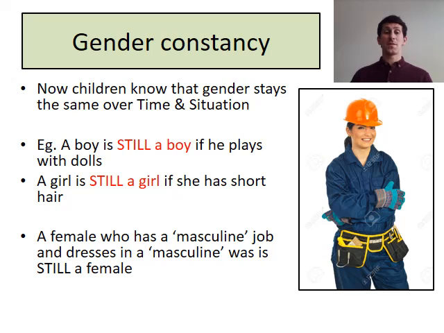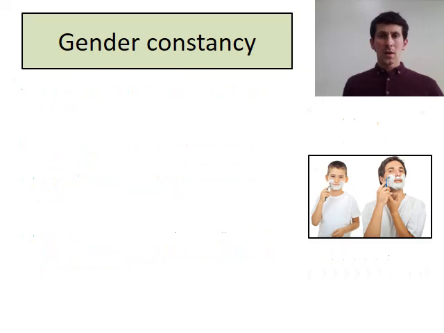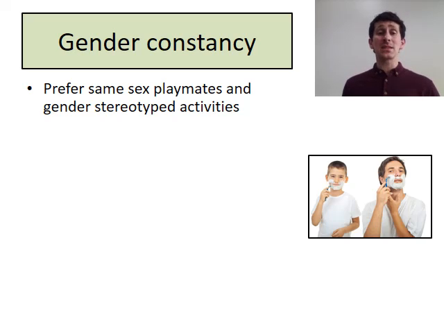And a female who has a masculine job and dresses in a masculine way, like that picture, is still a female. So Kohlberg added to this theory, especially as part of gender constancy, that at this stage, children start to prefer same-sex playmates and doing gender stereotyped activities. So boys will want to go and play football because that's what they think boys do.